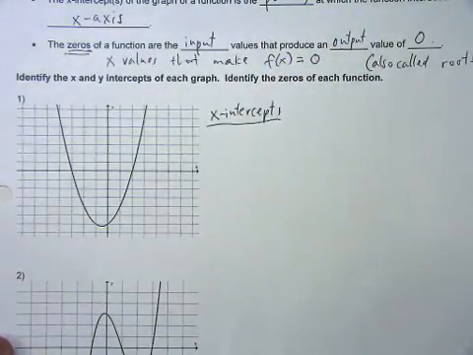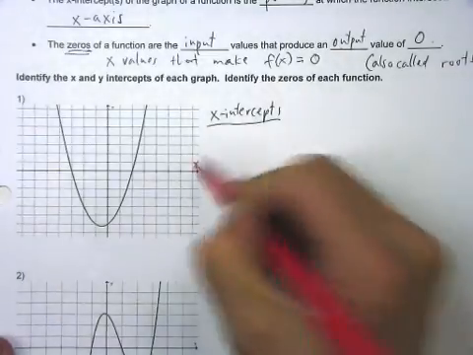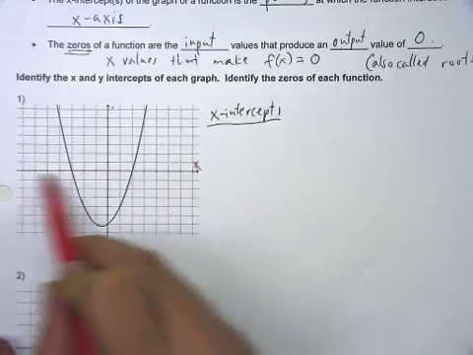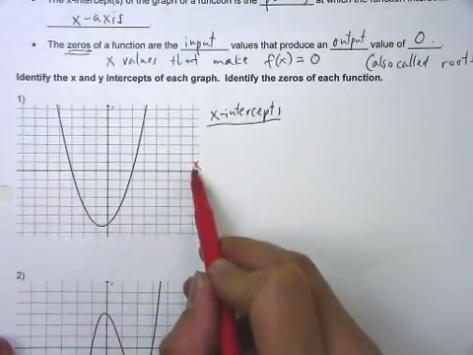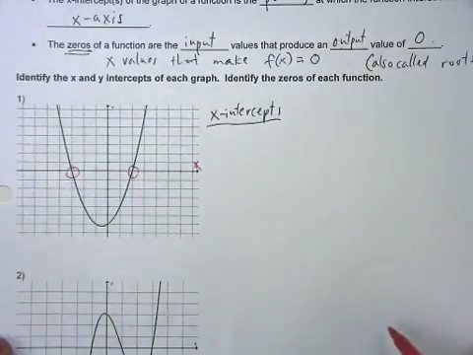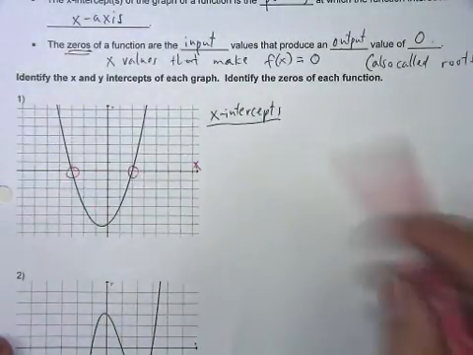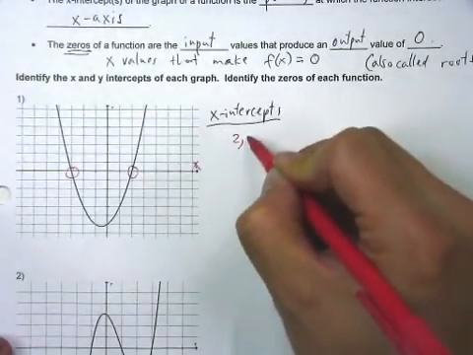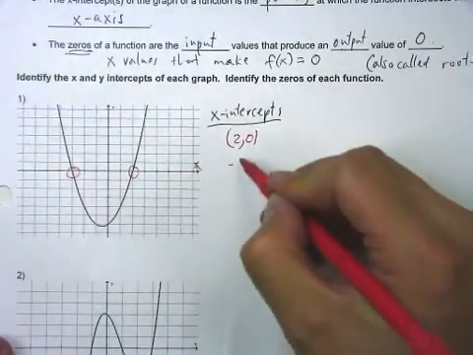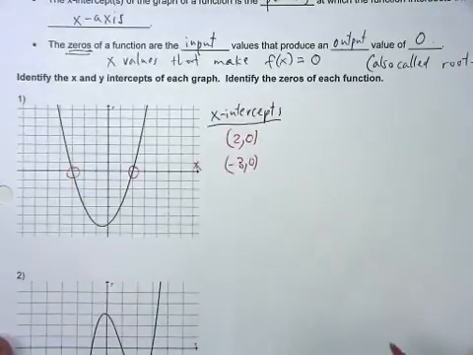That's where the function intersects the x-axis. Here's our x-axis, this horizontal line. Where does the function intersect the x-axis? Right here and right here. This point is (2, 0), and the other intercept is right here at (-3, 0).